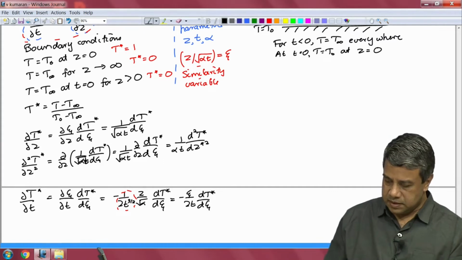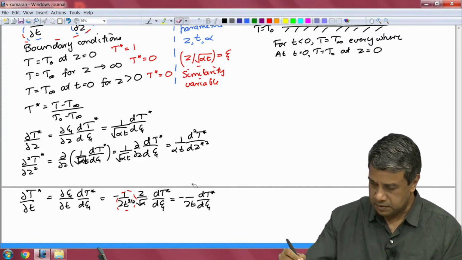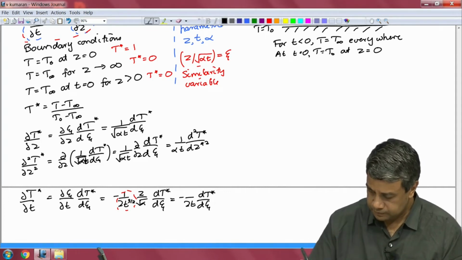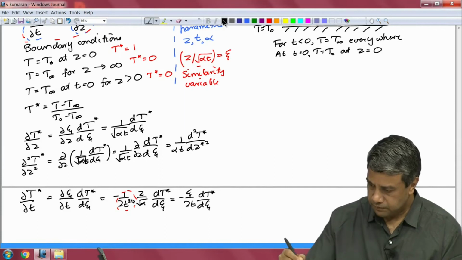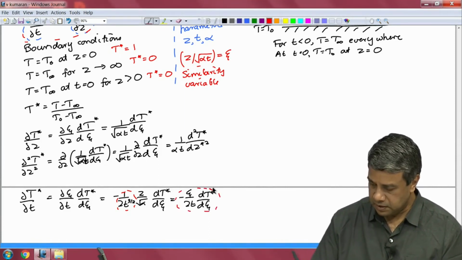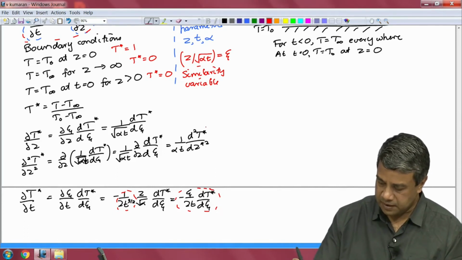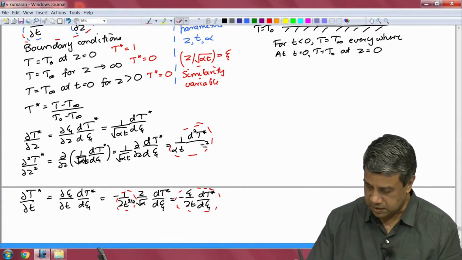So, this is the left side of the conservation equation, and the right side is alpha times d square t by dz square. I made a mistake here again, it should be psi.